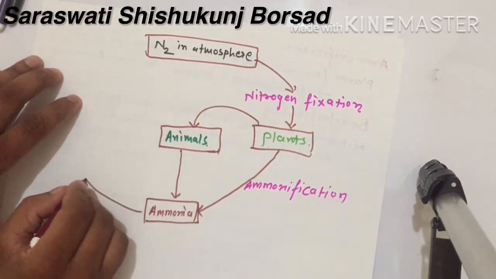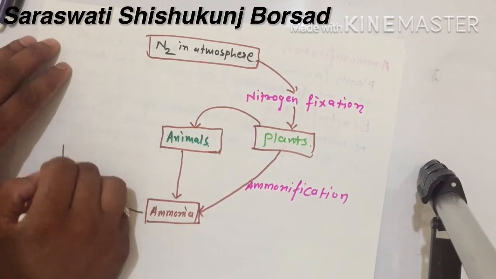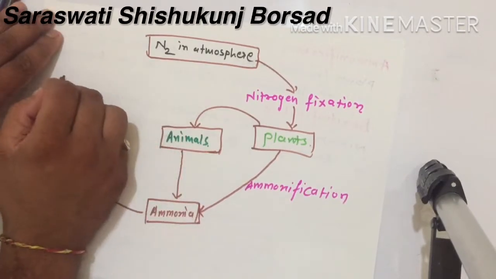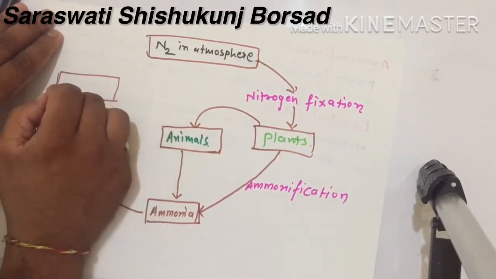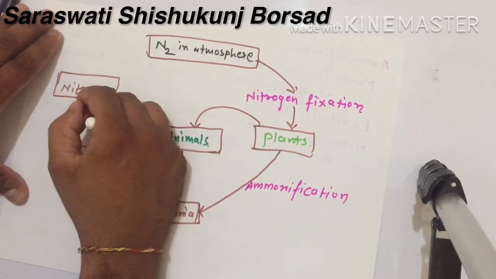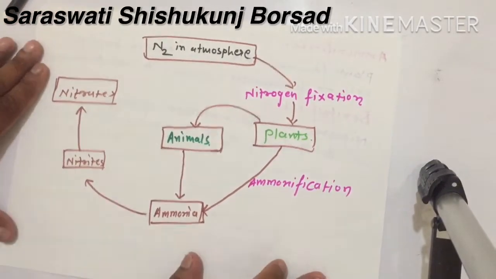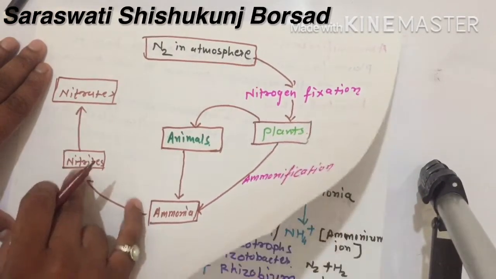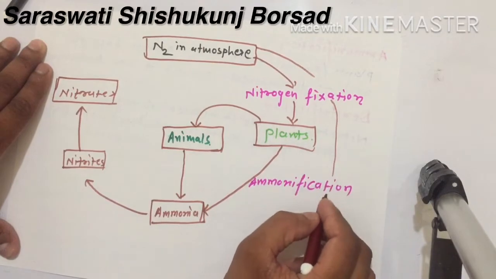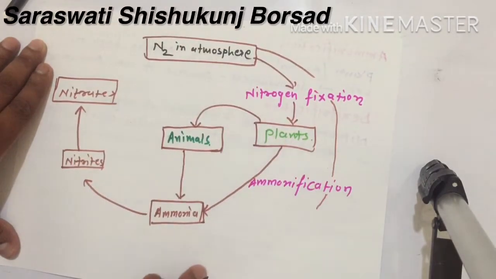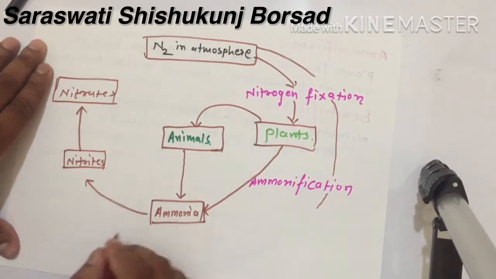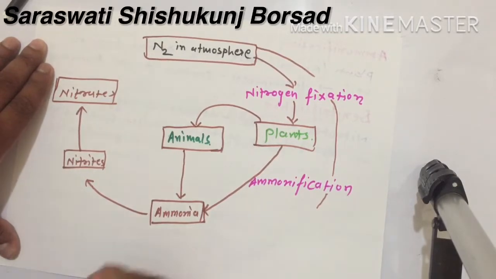This ammonia will later on get converted into nitrites, and after that into nitrates. Okay, now when it is converted from ammonia to nitrites and nitrates, actually what is this process called? From the atmosphere of nitrogen, it is our process of nitrification. So this whole, we can say, is a nitrification process.